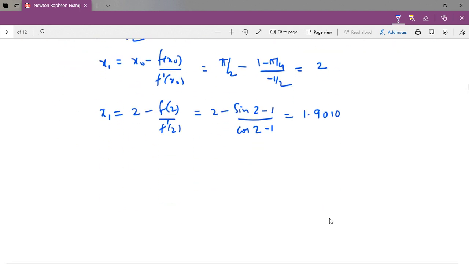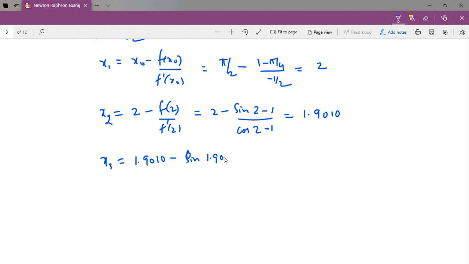Now this is x2, not x1. Similarly, now go for x3. x3 uses x2, which is 1.9010, minus (sin 1.9010 minus 1.9010 divided by 2, that is 0.9505) divided by (cos 1.9010 minus 0.5). So this gives you what?